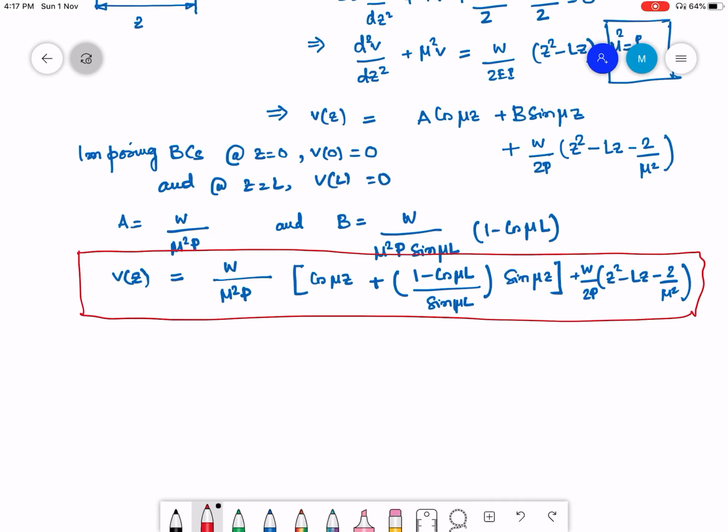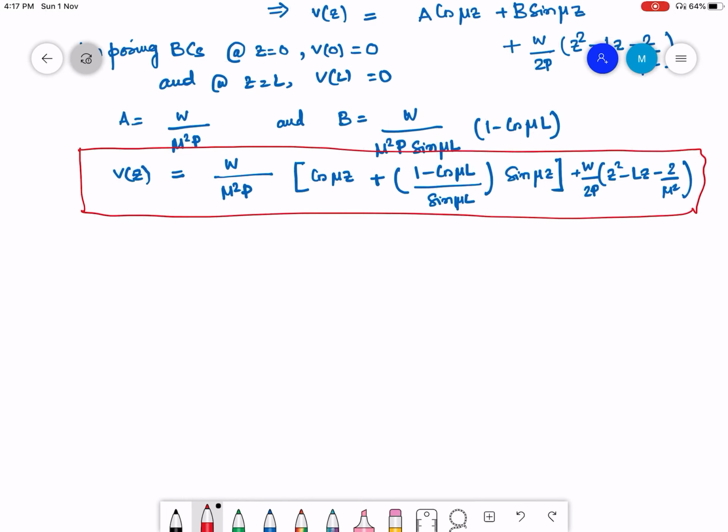Now let us try to analyze this solution and see what the solution physically means. Let me find out the maximum deflection. Maximum deflection is going to occur at the midpoint.